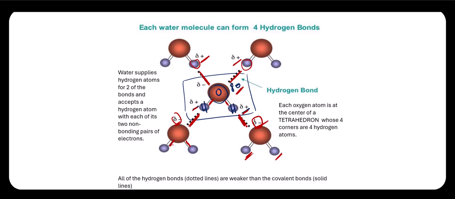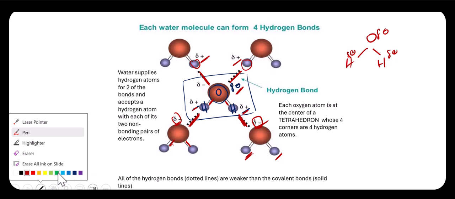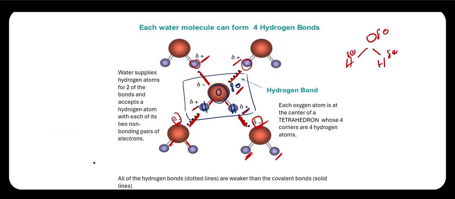So that causes kind of a balance that causes the shape of the water molecule. So let's look at that. We have an oxygen covalently bonded to two hydrogens. So we have our partial negative charge, our partial positive charges. So we've got a couple of things going on that cause the shape of this molecule.